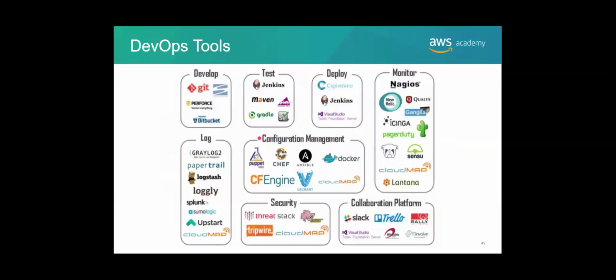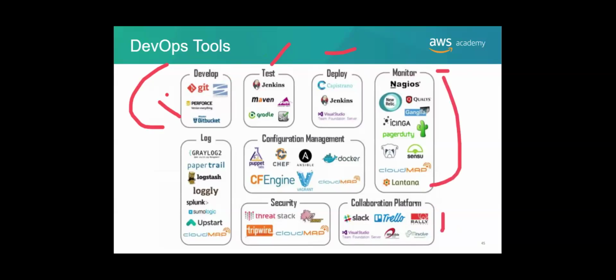Now there are certain companies that go along with their own set of tools. For development, they'll use only this one, Bitbucket or Git. Testing phase, we have Jenkins, Maven. Deployment, we have Jenkins, Visual Studio. Monitoring phase, we have others.